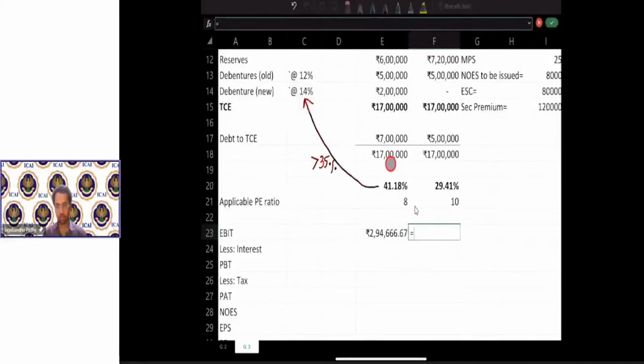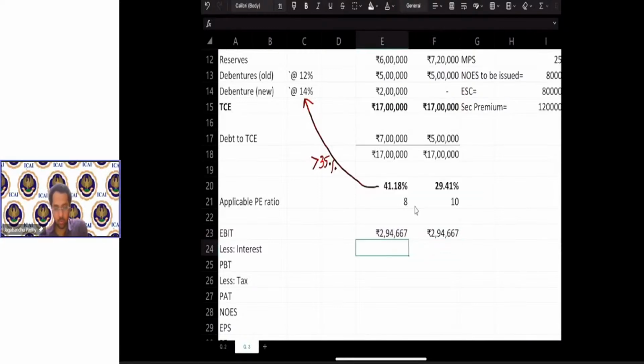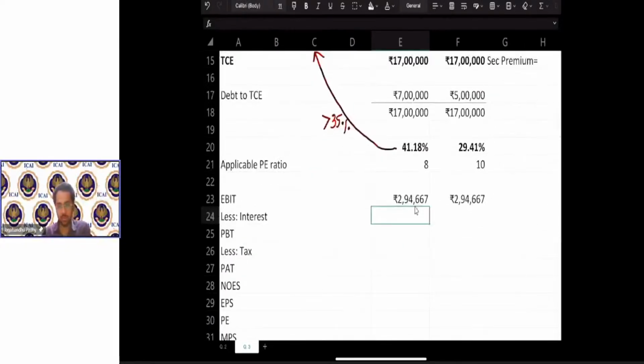So EBIT is going to remain the same irrespective of whatever plan you choose, because your EBIT is not going to be affected by the capital employed.